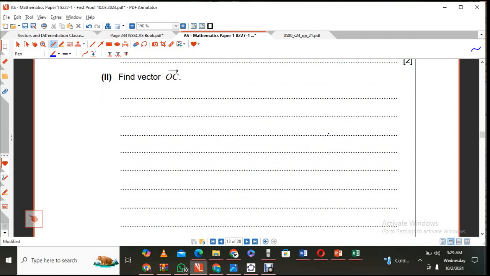Right. Then when you look at the vector, they say find vector OC. So here's a very important concept: the information we are given is that BC is equal to AB, and that comes from the information right here on top.